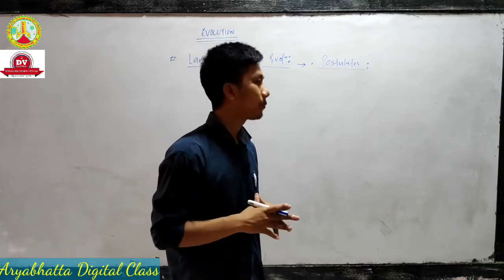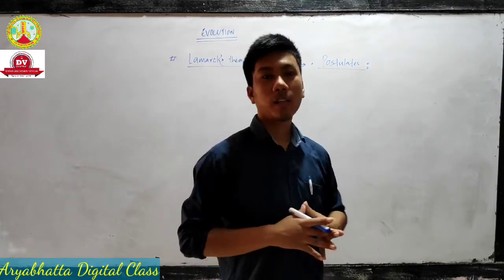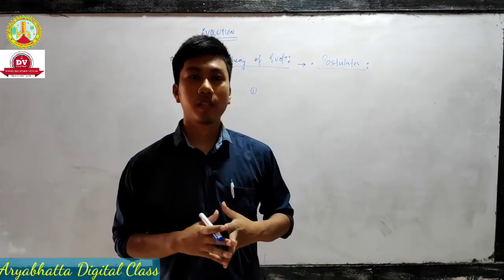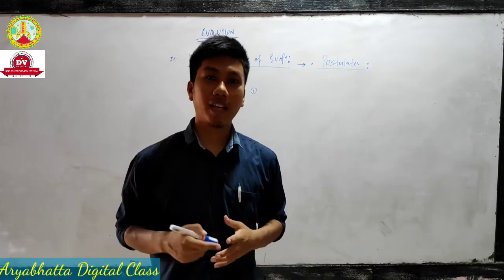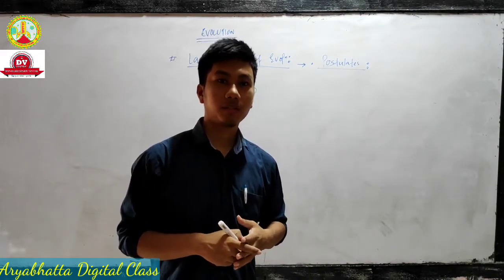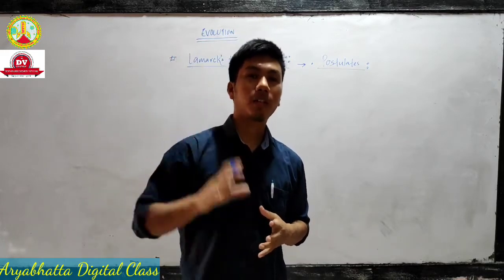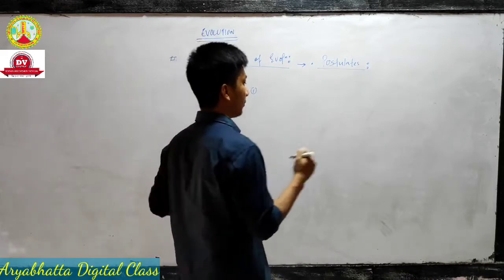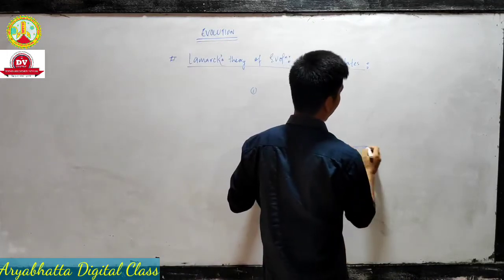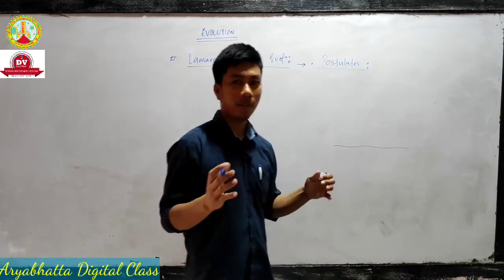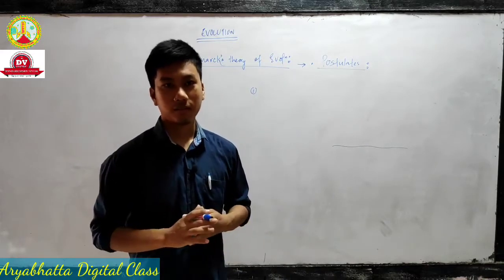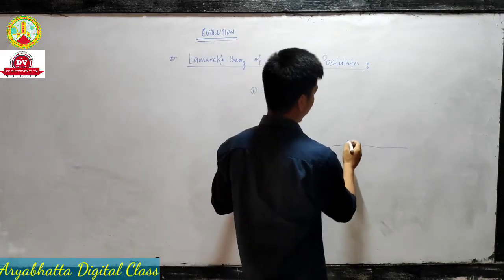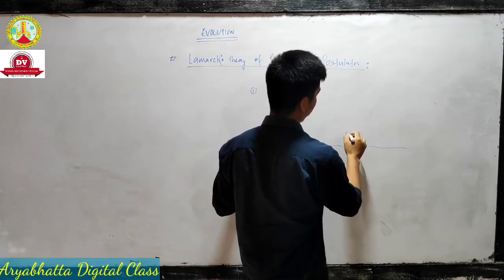Okay, Lamarck. So that animal now starts to stretch their neck to feed on the tall trees. Let me draw the diagram, okay? Let me try to explain with a rough diagram, just to make it easy for you to understand.